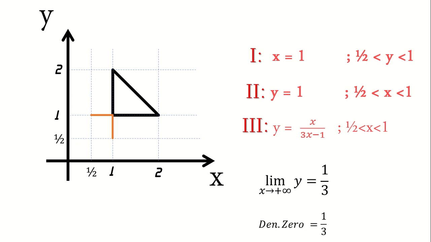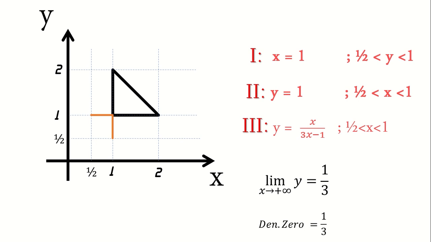To get the right shape, we have to pay attention to this: if x goes to positive infinity, y is going to be 1/3, because the denominator's 3 gives 1/3. So 1 half is greater than 1/3, and at infinity we have 1/3 as a constant.